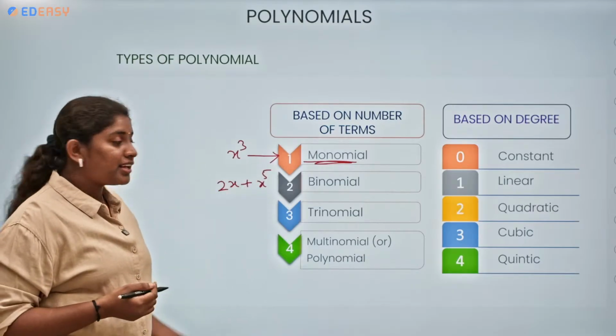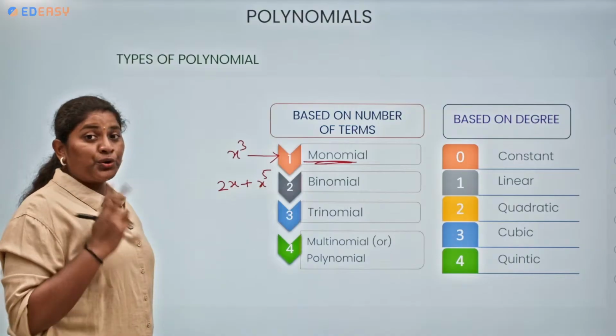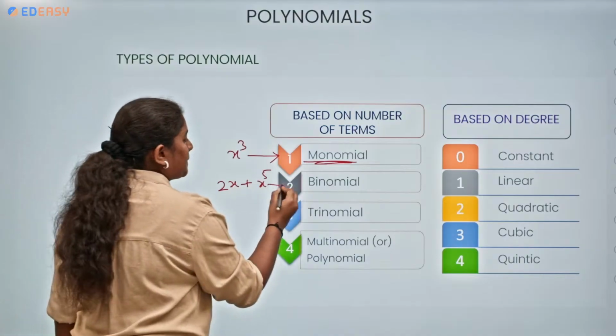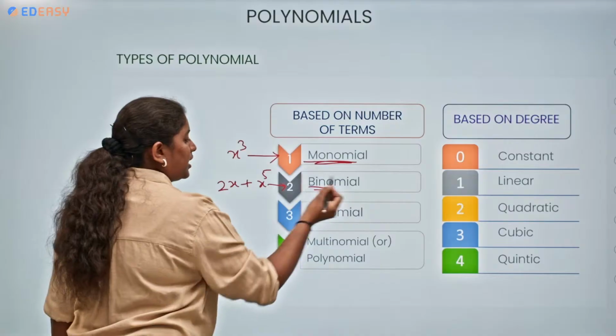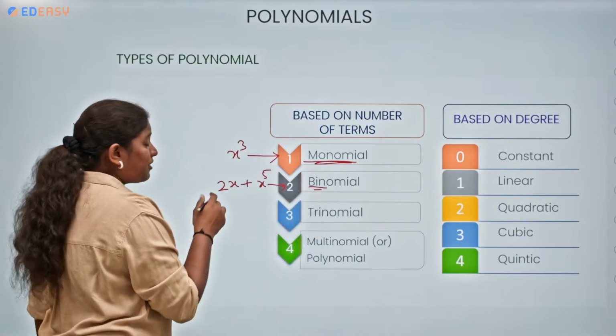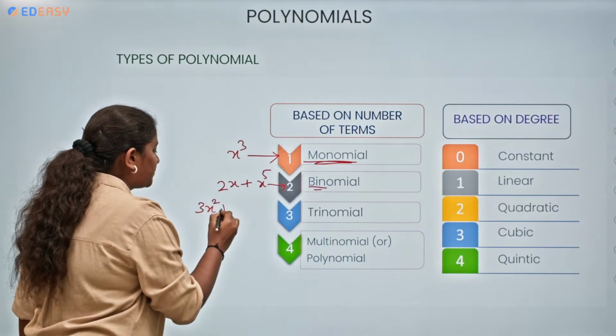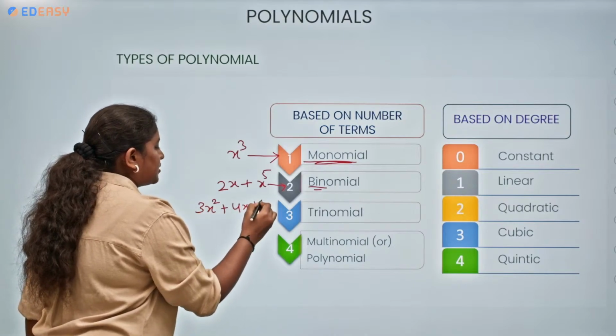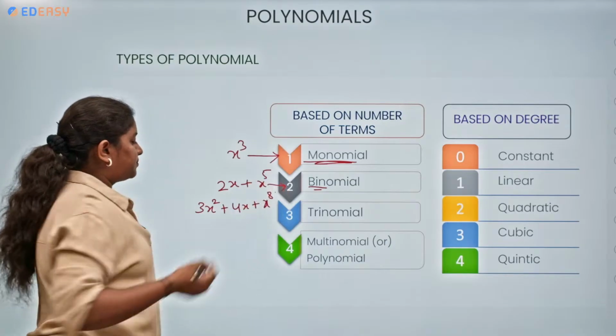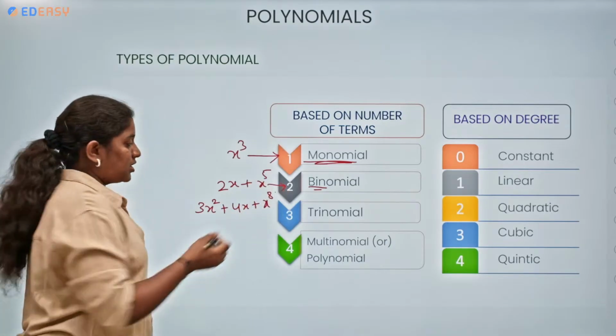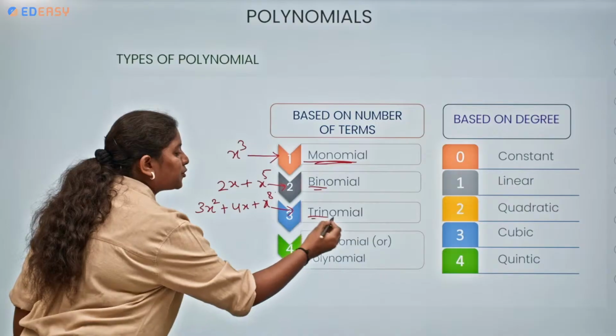How many terms are there? 1 and 2. 2 terms are there, so this is a binomial. Okay, and next if I am adding one more term, that becomes 3x square plus 4x plus x to the power 8. Here I am having 3 terms, so now this will be a trinomial.